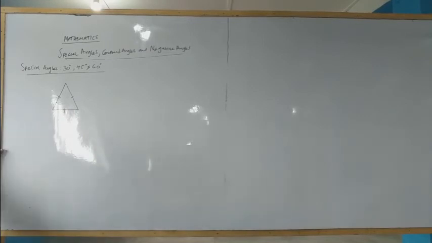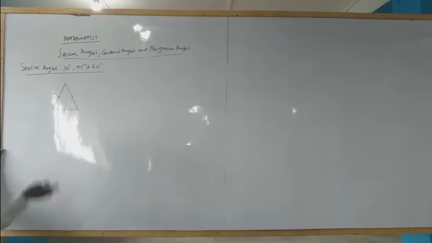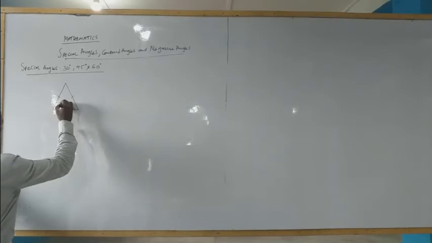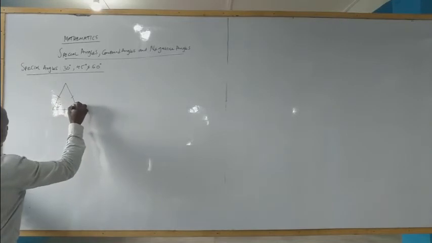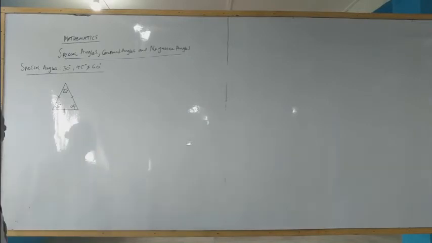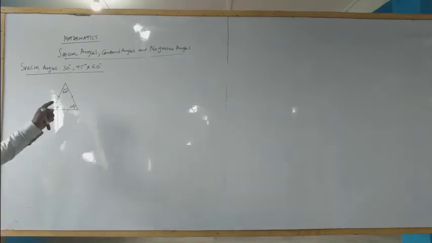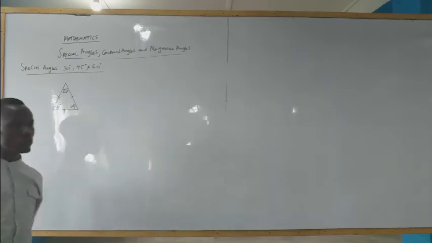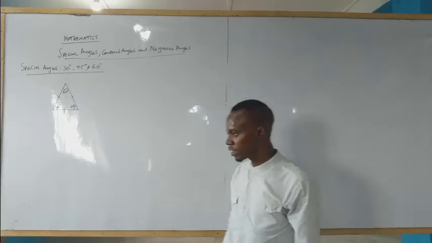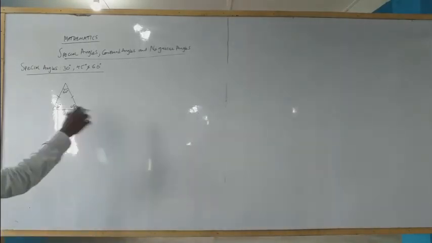In an equilateral triangle, all the sides and angles are equal, meaning that this angle here is 60 degrees, 60 degrees, and 60 degrees. So from here, I want to derive the trigonometrical ratios for 60, 30, and 45. So how do we do this?